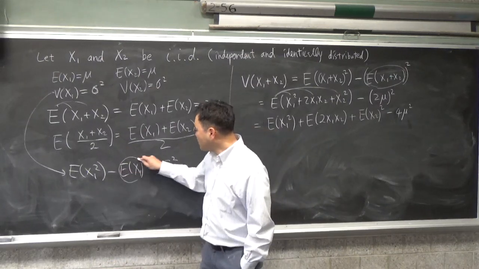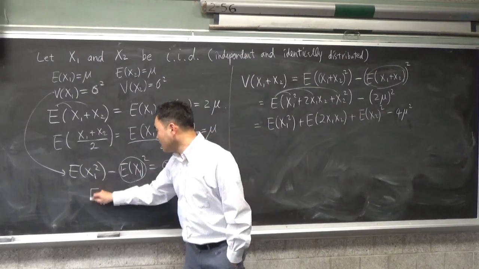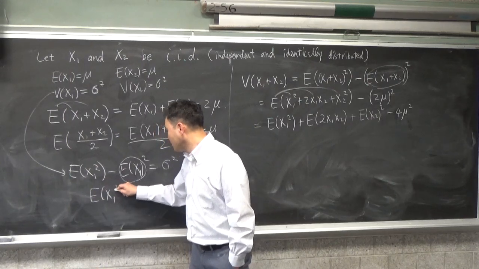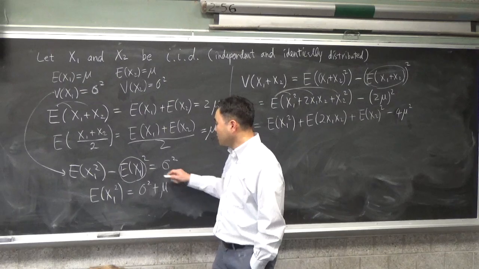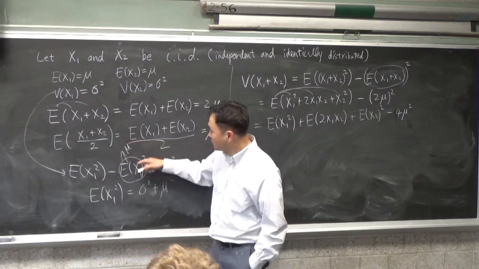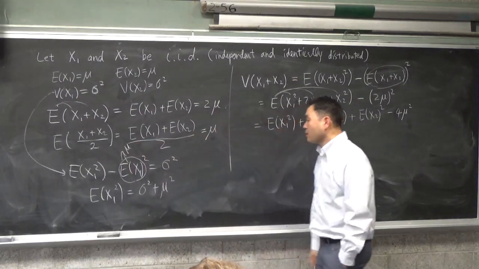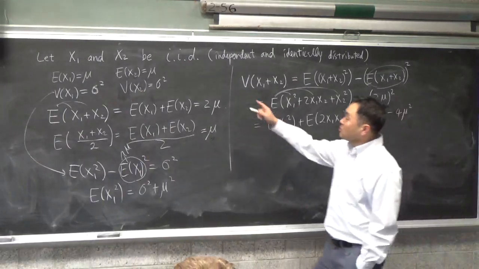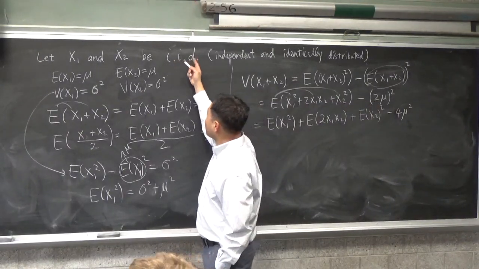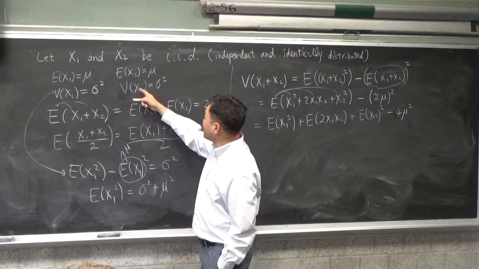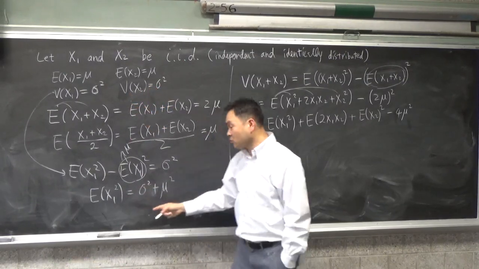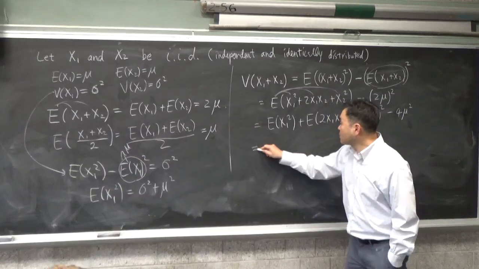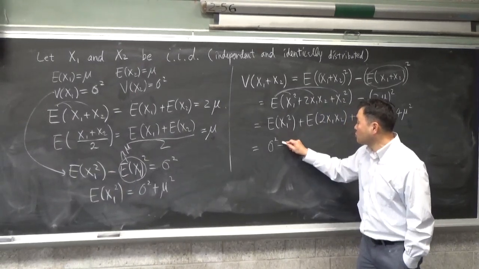And because I know that this is mu, I see that E of x1 squared is going to be sigma squared plus mu squared. And because these are independent and identically distributed, what you get in the second one, E of x2 squared, it's going to be the same thing. So I can say this is sigma squared plus mu squared.